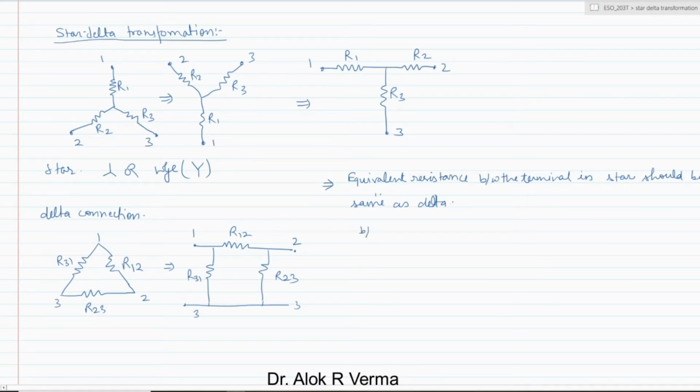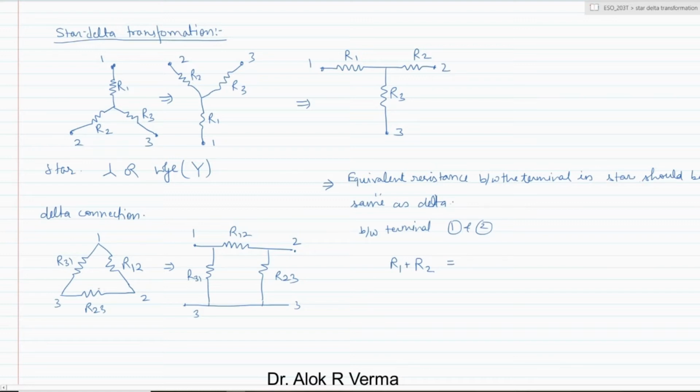Suppose between terminals 1 and 2, if you see in the star, the equivalent resistance is R1 plus R2, because from here 1 and 2, this is not connected anywhere, it is floating. So the equivalent resistance is R1 plus R2, which should be equal to the equivalent resistance between 1 and 2 in the delta.